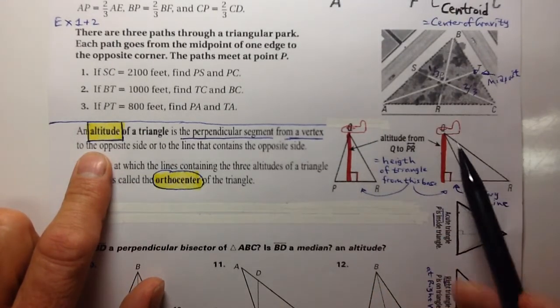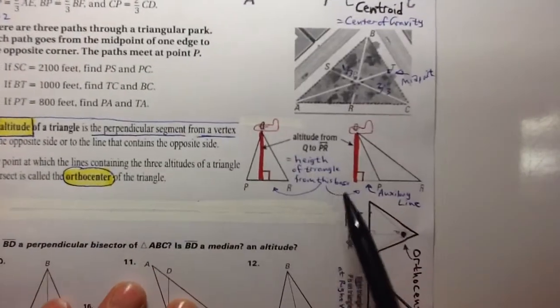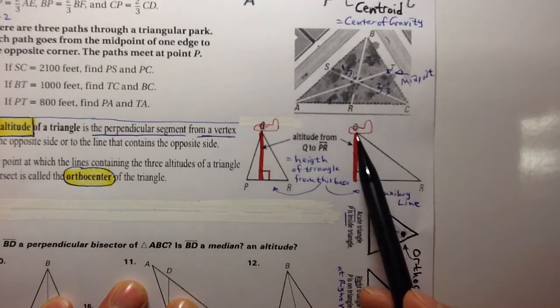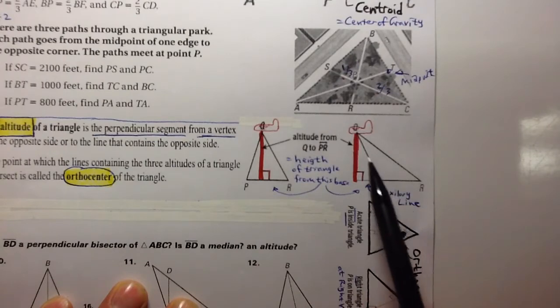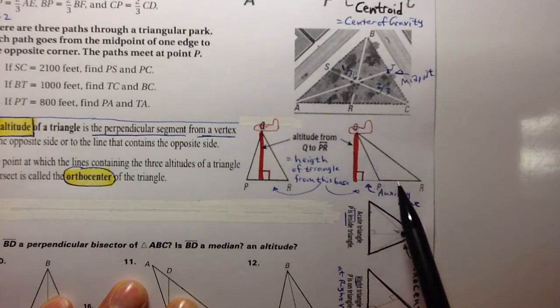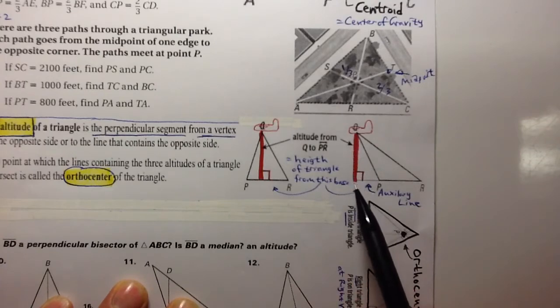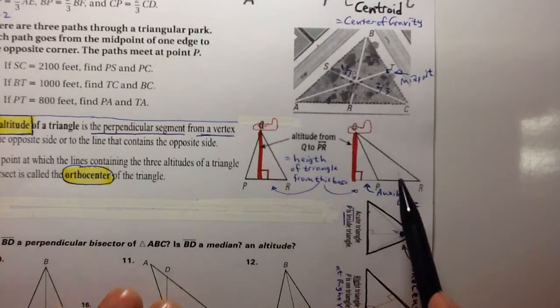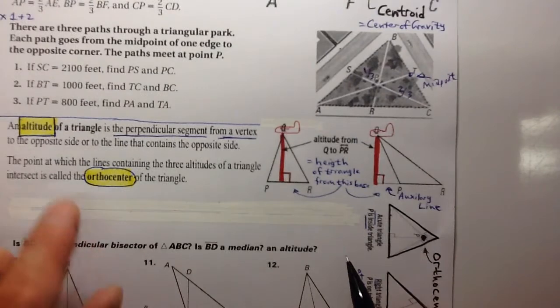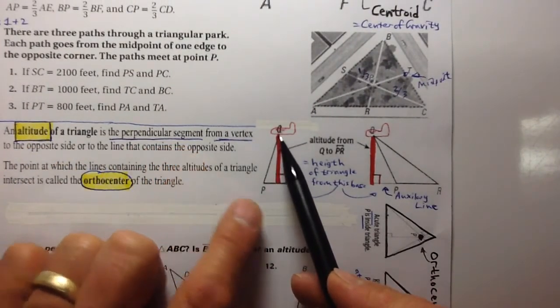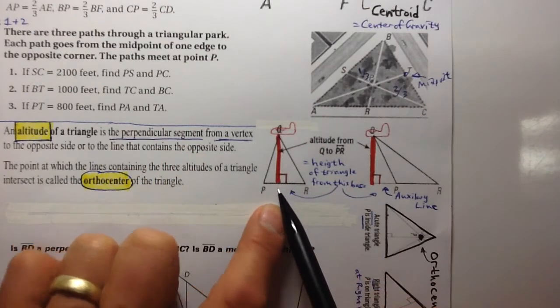And so even when we're over here, and you see that this is an obtuse triangle, so it opens up over here, don't draw your altitude or your height of the triangle over here. It's got to come straight down. It has to be perpendicular to the ground. So altitude is a perpendicular segment from a vertex to the opposite side.